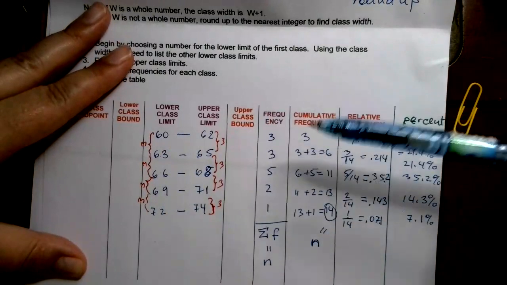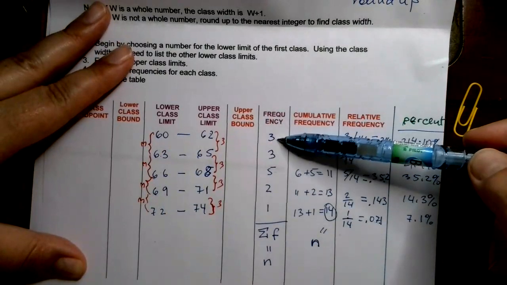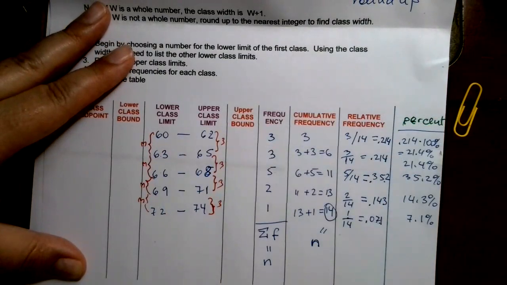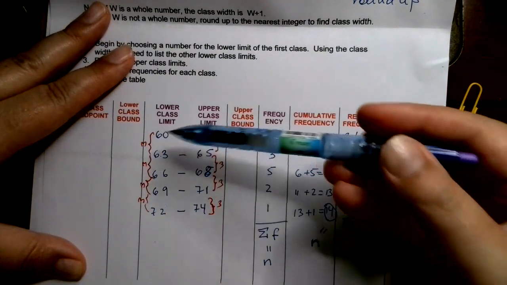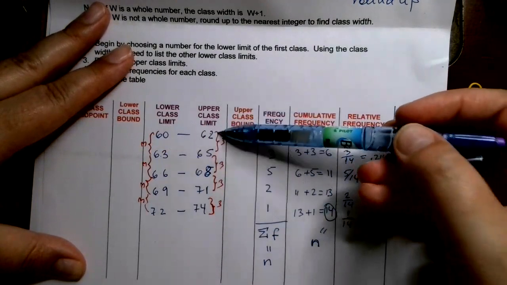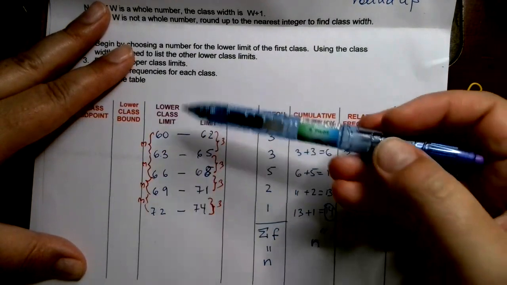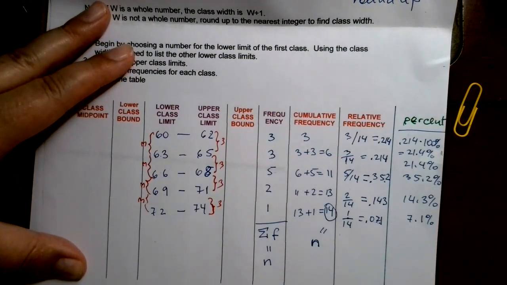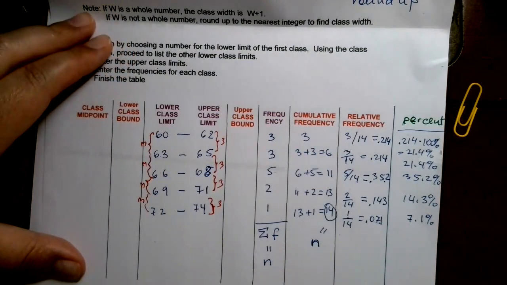All you know is that you have 3 data values between 60 and 62. What are they exactly? Were they 3 of the 60s, or 3 of the 62s, or 3 of the 61s, or any combination of those numbers? You don't have access to that information anymore.